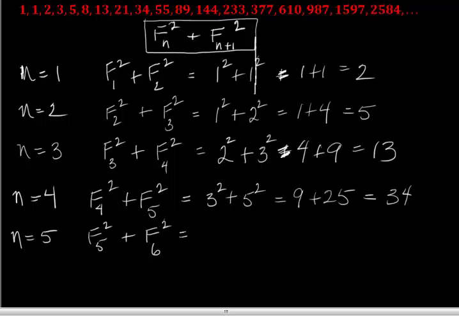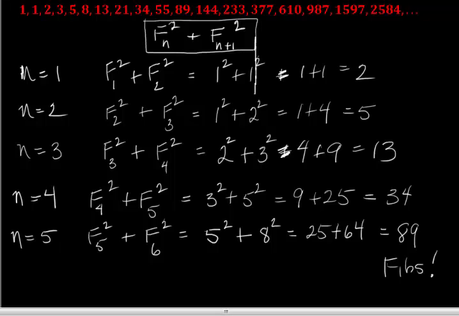Notice how I'm very careful to write my subscripts down, my exponents up, so that I can read it well. f5, the fifth Fibonacci is 5, so this is 5 squared, and the sixth Fibonacci is 8, so that's 8 squared. 25 plus 64 is 89. So we have 5 examples, and we certainly do notice that these are Fibonacci numbers, all of them.